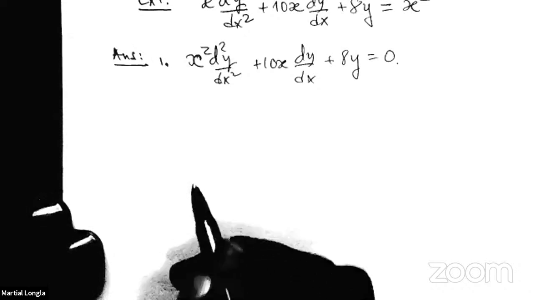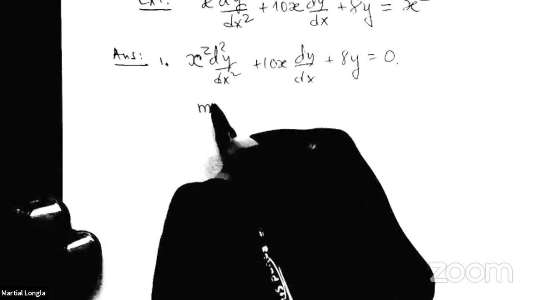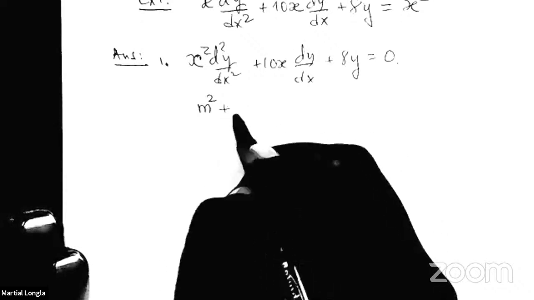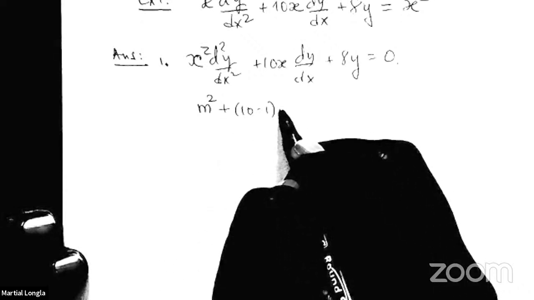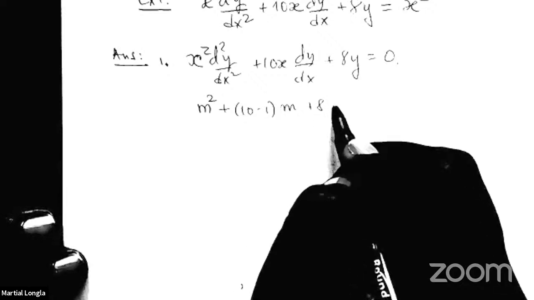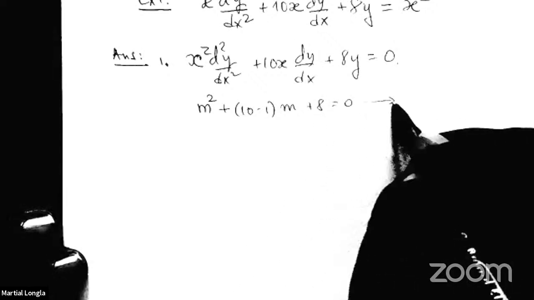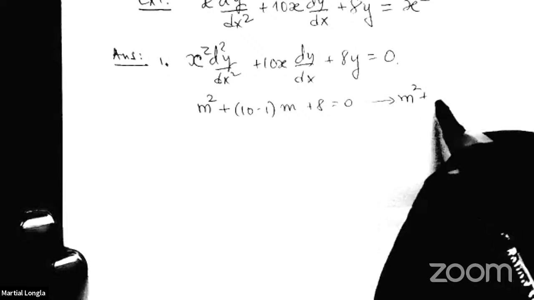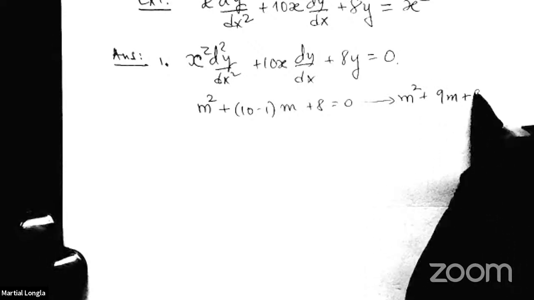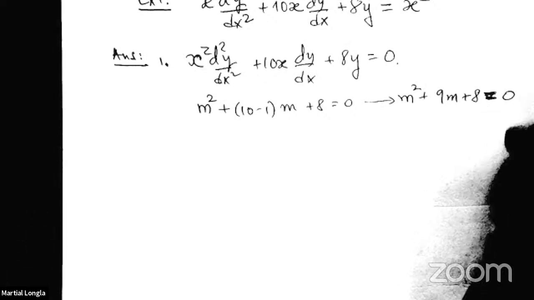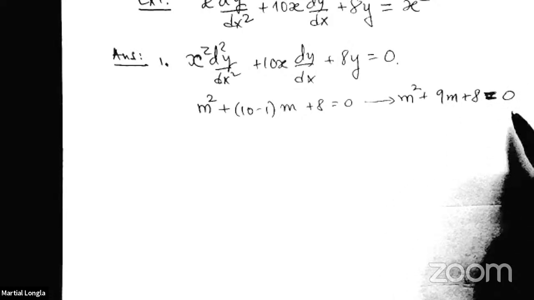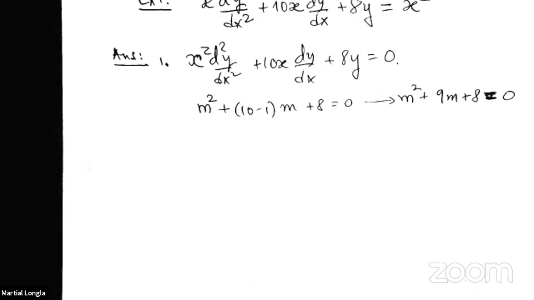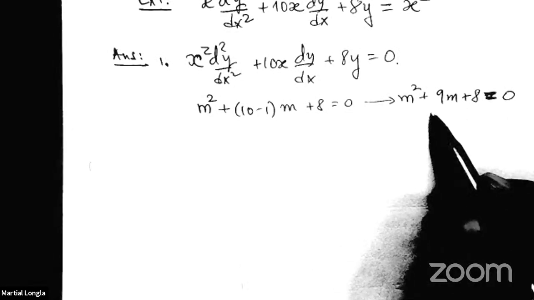And for this problem, we write down the Euler equation. That's m squared plus 10 minus 1 m plus 8 equals 0, which gives you m squared plus 9m plus 8. And we solve this.